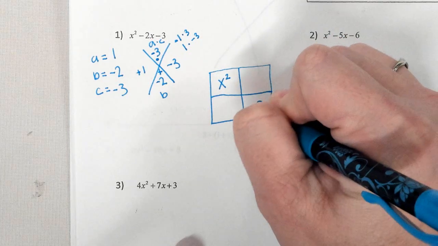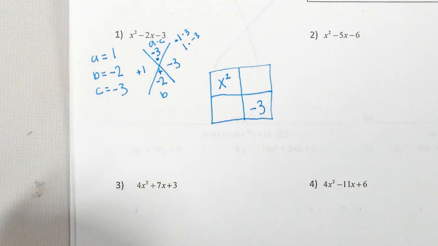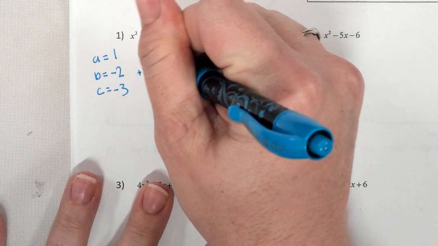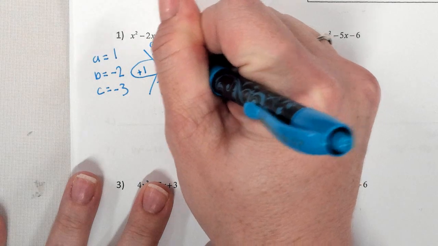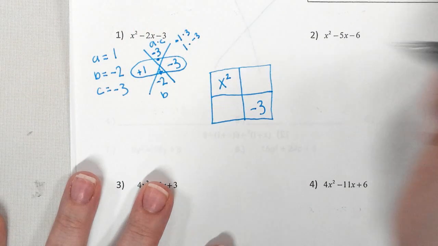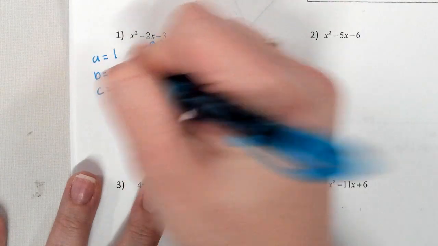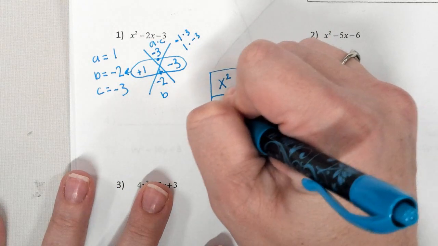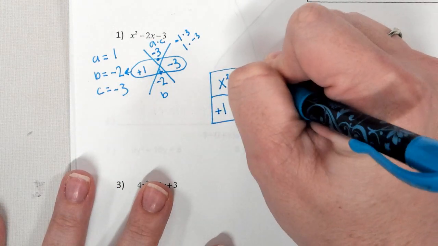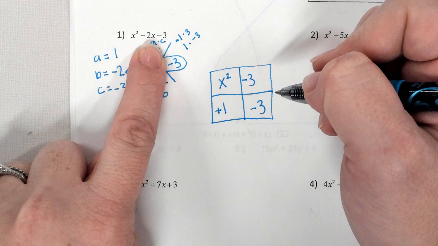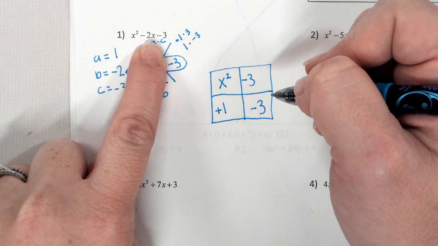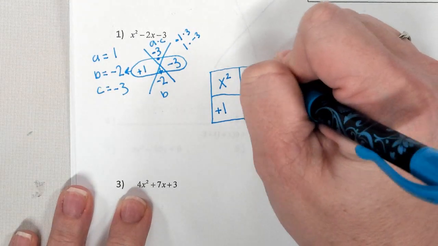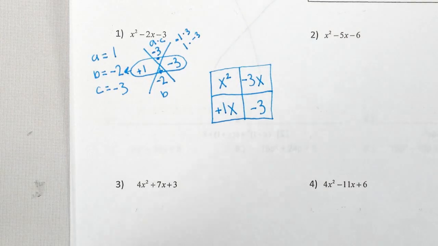So that goes in your last box. Now we call this our split b term because what's 1 minus 3? Negative 2, which is what my b is. So this is my split b. So positive 1, negative 3. And what does b always have behind it? X. So we have to put our variable behind it because that's your split b.